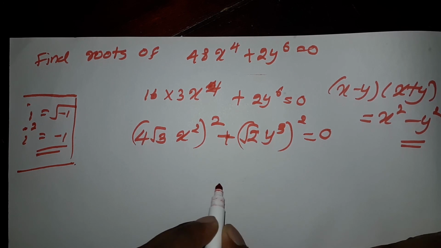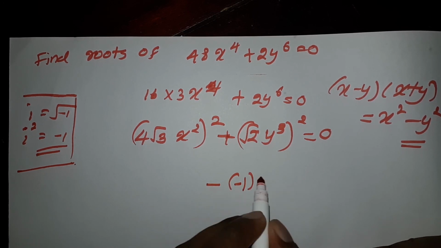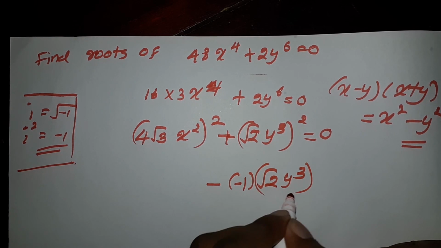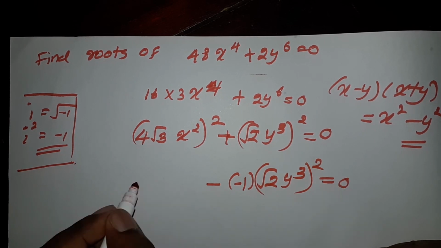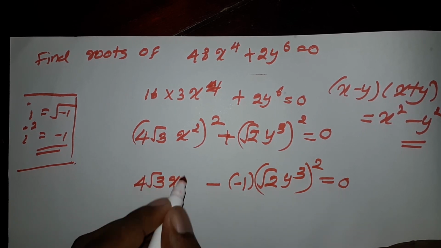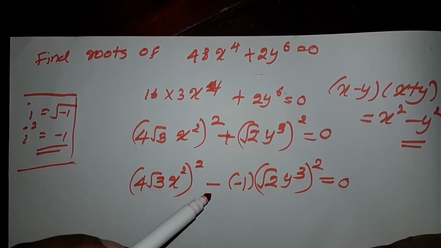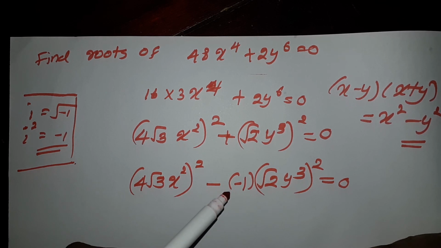So I can say minus into minus 1 into this expression. You can see that this expression and this expression are the same, since minus into minus 1 becomes plus, and I can say that minus 1 is equal to i squared.